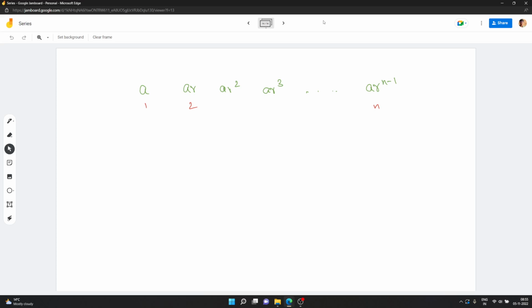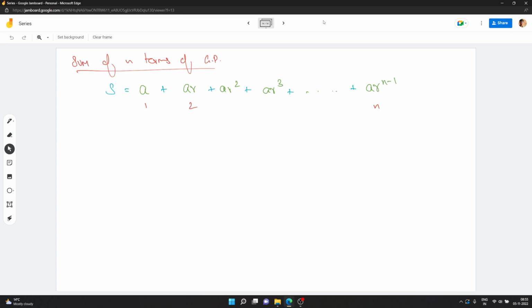So the subject is the sum of n terms of a GP. That is what we are trying to find. Because it's a sum, we simply do plus plus plus, and directly till S, right? This is what we have to find.